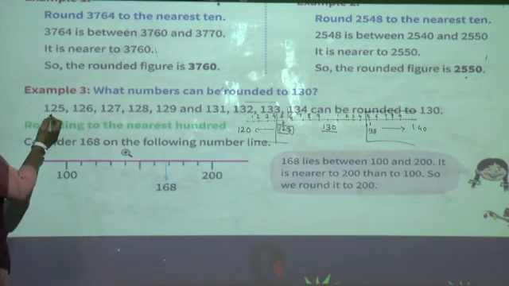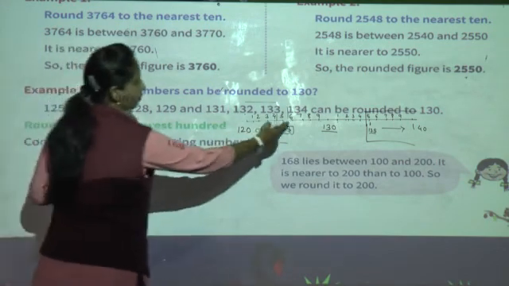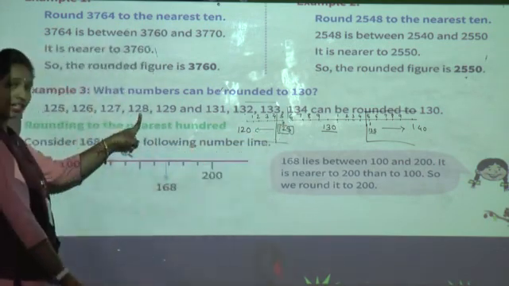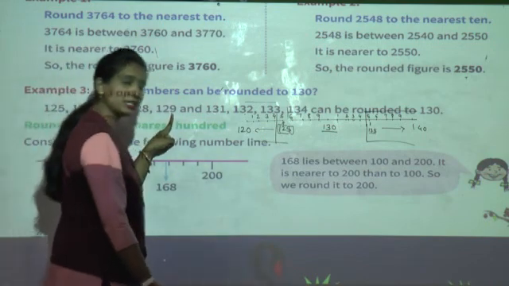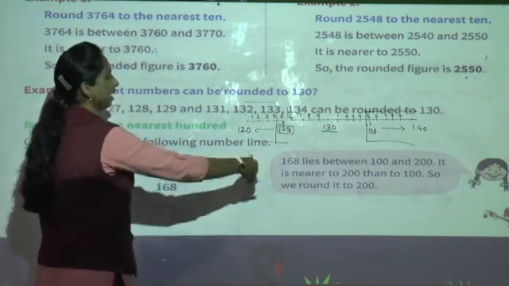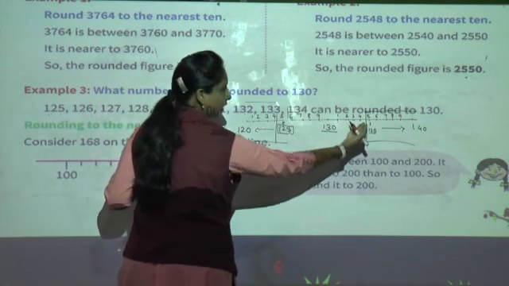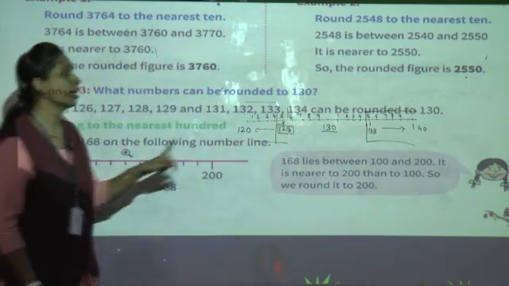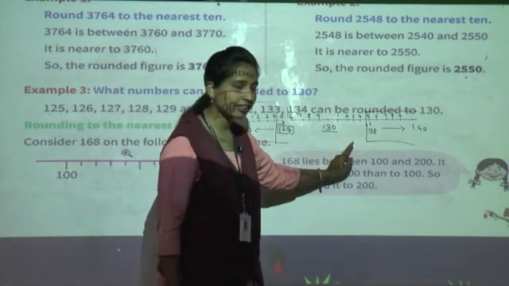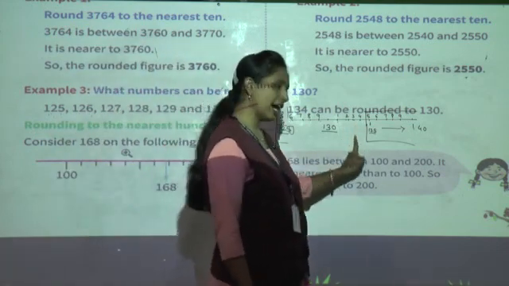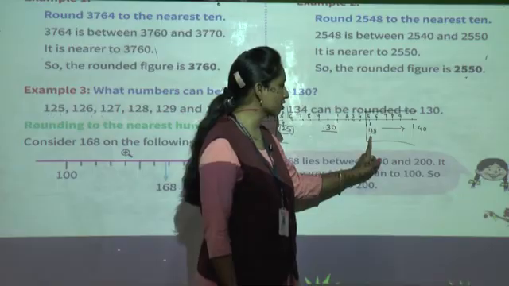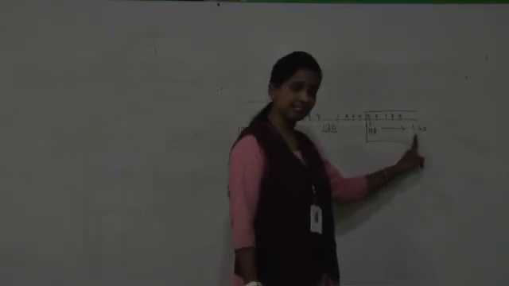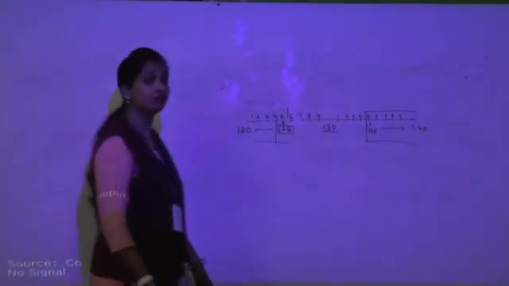So the numbers are 125, 126, 127, 128, 129. And after 130, how many numbers can we take? Till 134. Why can we not take 135? Because for 5 or more, 135 is nearest to 140.